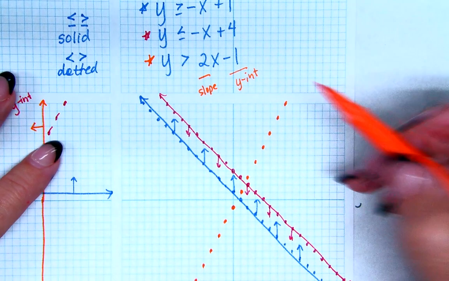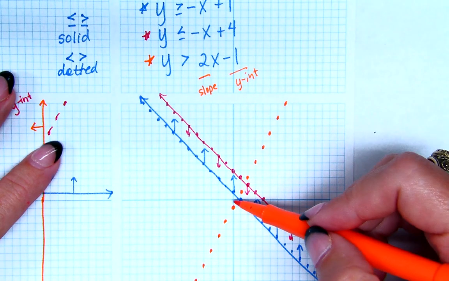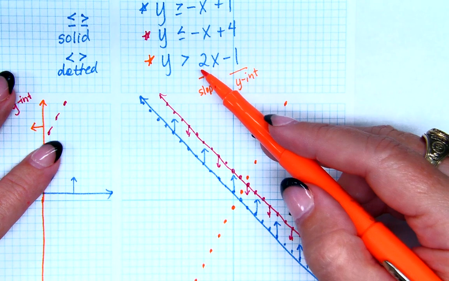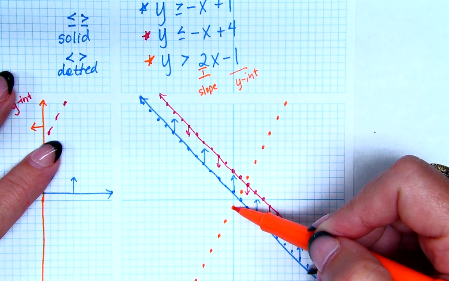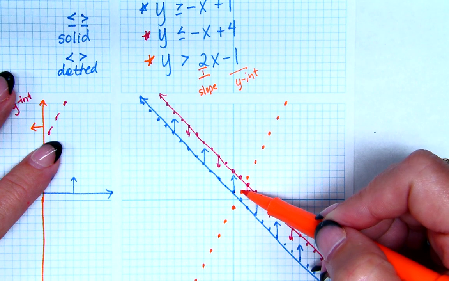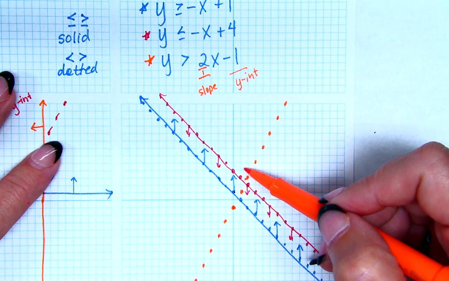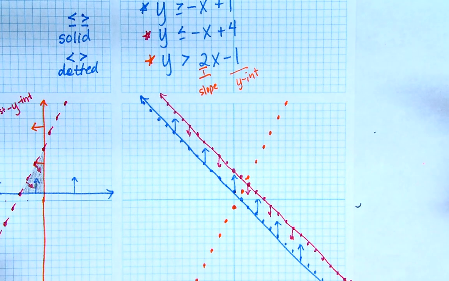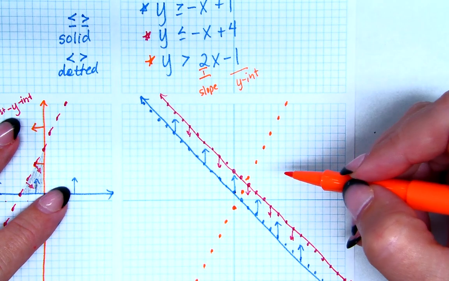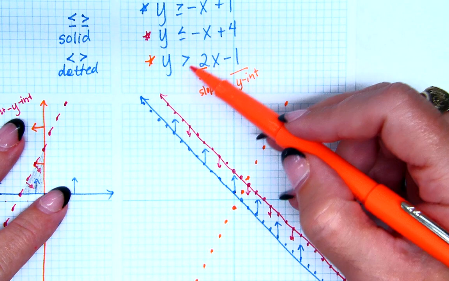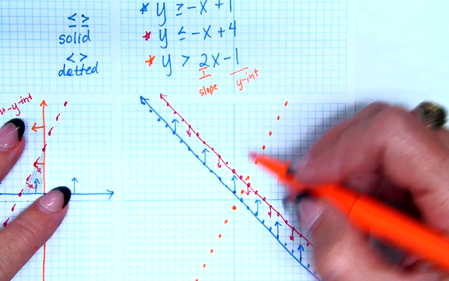Thank you. My intercept was -1. My slope was 2/1, so I went down 1 on the y-axis, then up 2, right 1, up 2, right 1. Okay? We are going to shade up, but before I draw it, it is dotted.